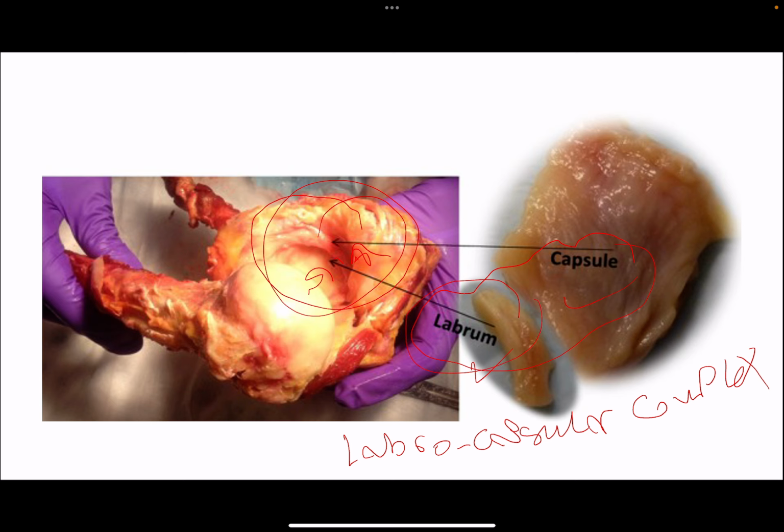That's why in surgery, arthroscopic Bankart repair, both the labrum and capsule are reattached to the glenoid rim here. If the capsule with labrum is not repaired, recurrent instability is very likely.